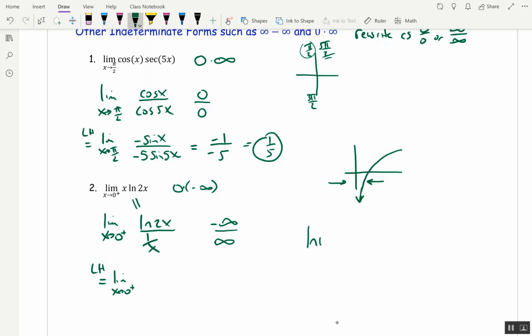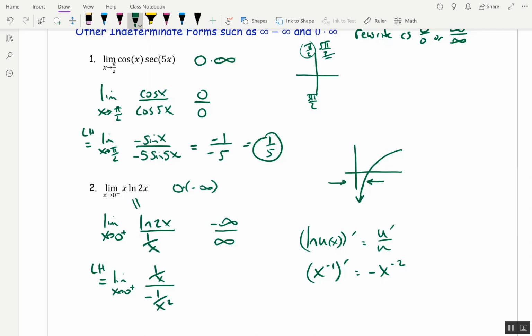Remember the rule, the derivative of ln of u of x is u prime over u. So I'm going to get 2 over 2x, which is 1 over x. And in the denominator, this is the derivative of x to the negative 1, which is negative x to the negative 2. And to simplify the algebra, I'm going to write that as a fraction, negative 1 over x squared.